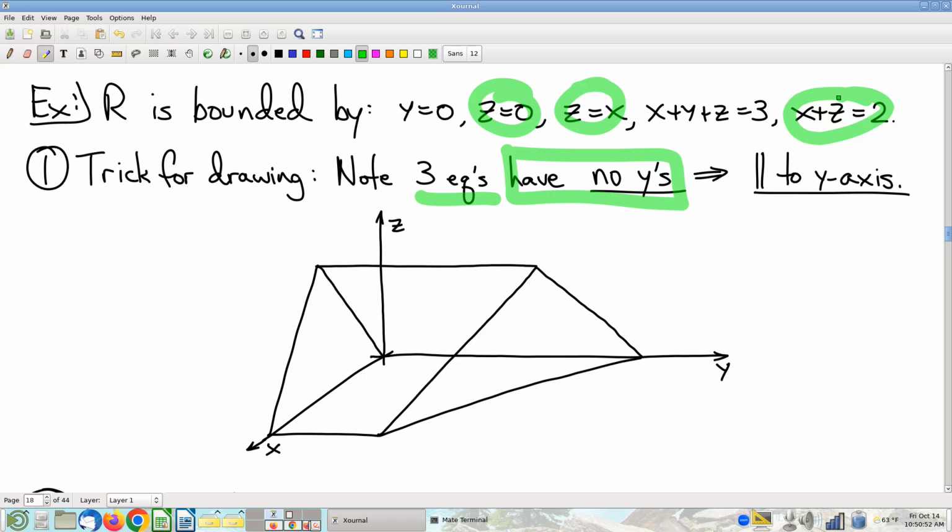So that means that these 3 planes are all parallel to the y axis, which means that I can understand them just by looking, for example, in the xz plane, and z equals 0, boom. Z equals x, fine. X plus z equals 2, sure. If I can get that, there we go. Right? And so just by looking in the xz, I know this is all going to be parallel to the y-axis, and I'll drag it parallel to the y-axis once I've understood what's going on here.